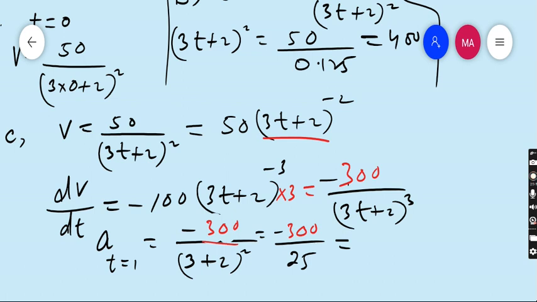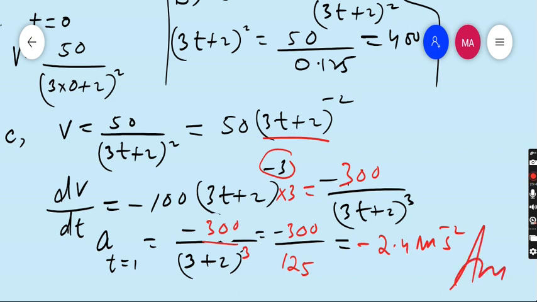And this is power minus 3, and I wrote 2. This is not good. This is 3. So 3 plus 2, 5. 5 power cube is 125. Kindly ignore my mistake. So minus 300 upon 125 is minus 2.4 meters per second square, the final answer.